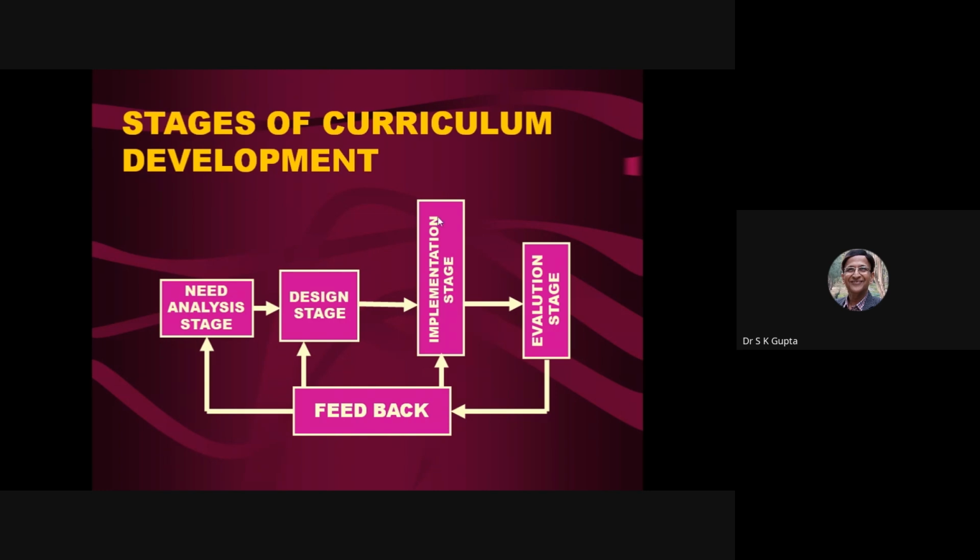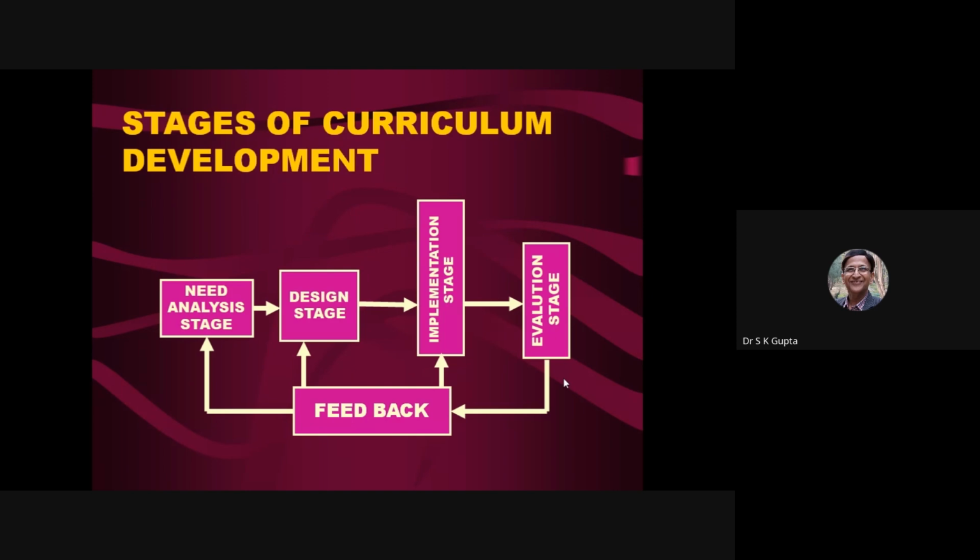Then third stage is your implementation stage. Once the curriculum has been designed, then how the curriculum should be implemented and what are the requirements for the effective implementation of the curriculum. Once the curriculum has been implemented, then we go to the curriculum evaluation stage.